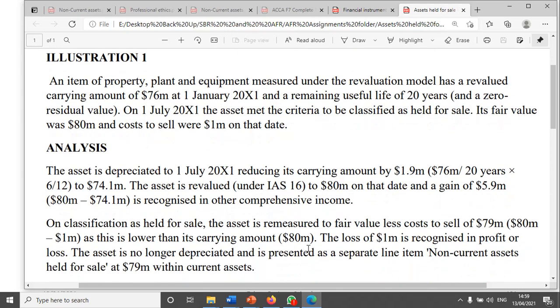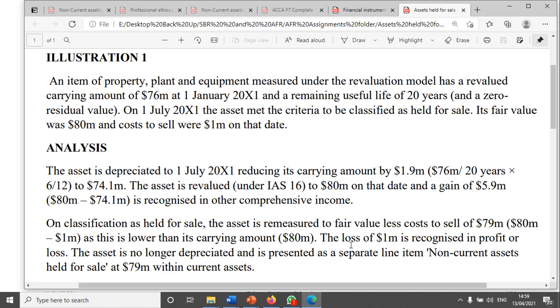Then we get on down there. On classification as held for sale, the asset is remeasured to fair value less cost to sell, because ideally this is lower than 80 million. The 79 comes from 80 million minus 1. As this is lower than the carrying amount, which is 80 million, we go for the 79.